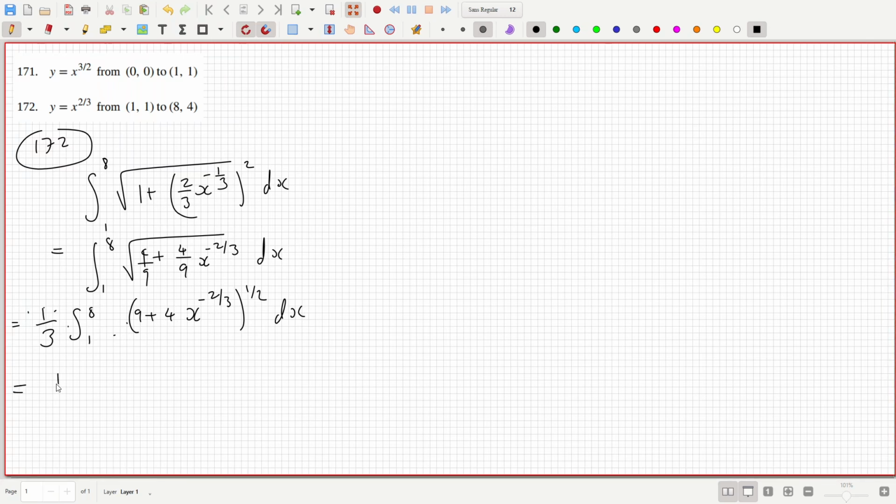Okay, let's look at this. 1/3, integral from 1 to 8. Maybe we should try and get rid of the negative power.